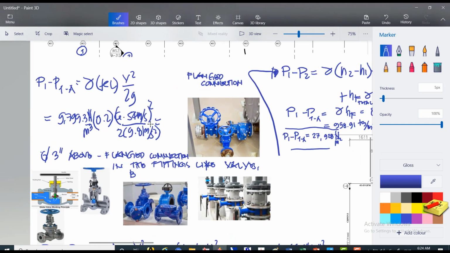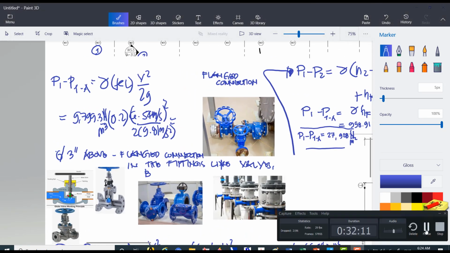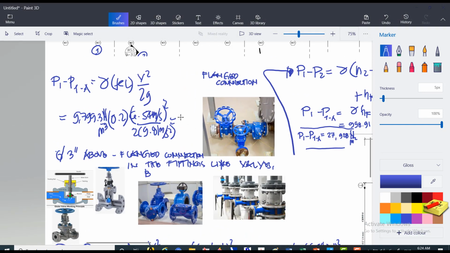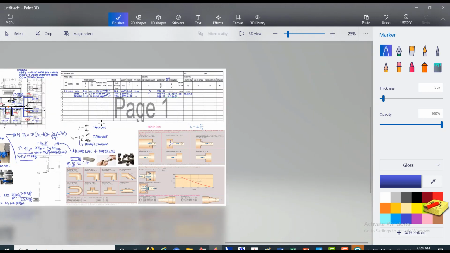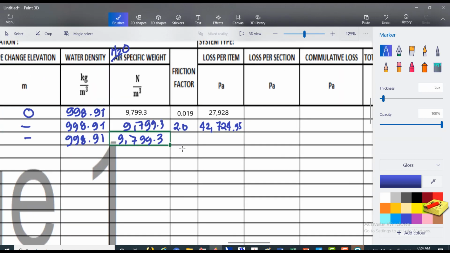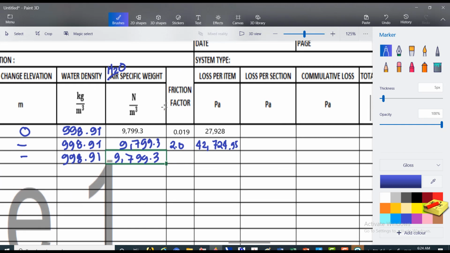So we have a value of 4,272.5 Newton per square meter. So 4,272.5, plug in, we have friction factor of 0.2.